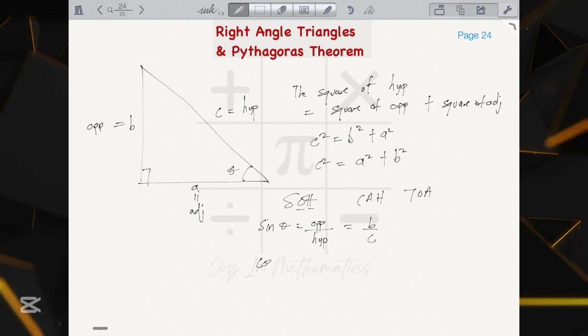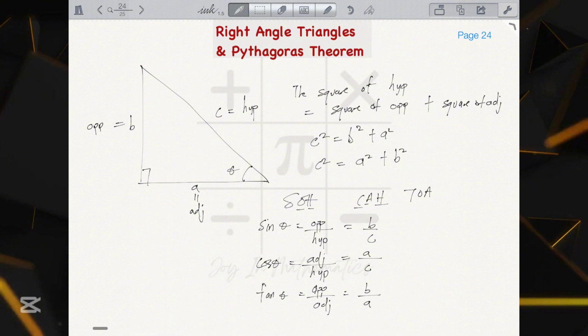Similarly, cos theta is adjacent over hypotenuse. The adjacent is a, the hypotenuse is c. And tan theta is equal to the opposite divided by the adjacent. Opposite is b, the adjacent is a.